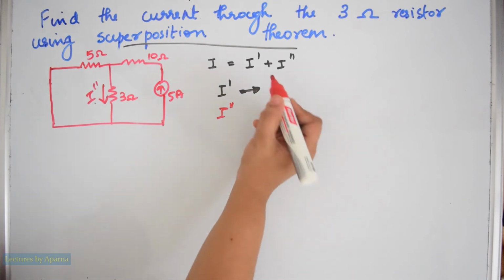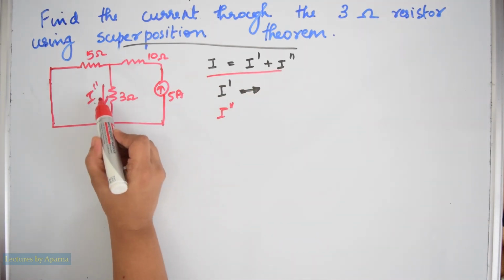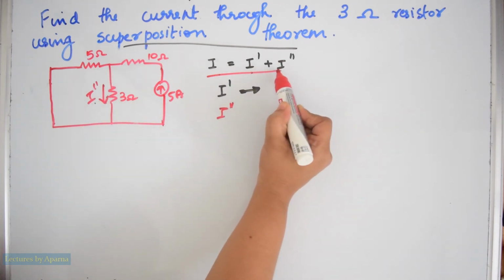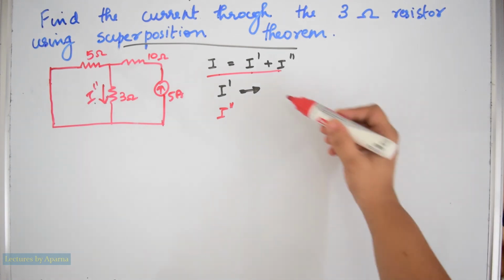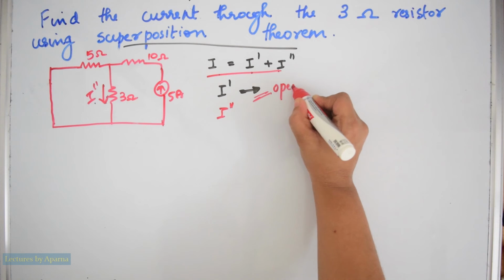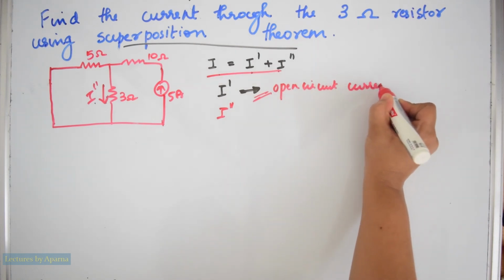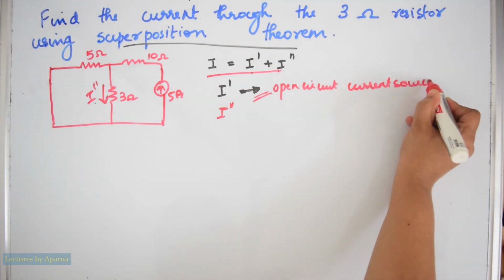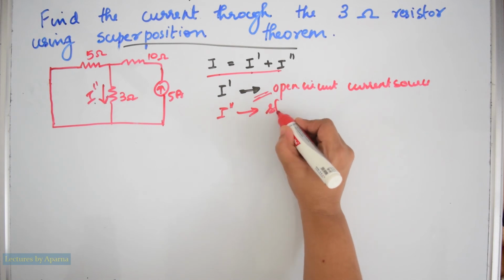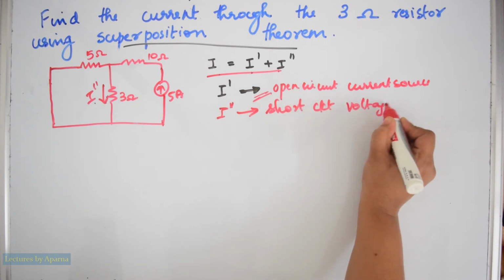The superposition theorem says that the total current I through this will be equal to I dash plus I double dash. I dash is the current obtained by open circuiting the current source, and I double dash is obtained by short circuiting the voltage source.